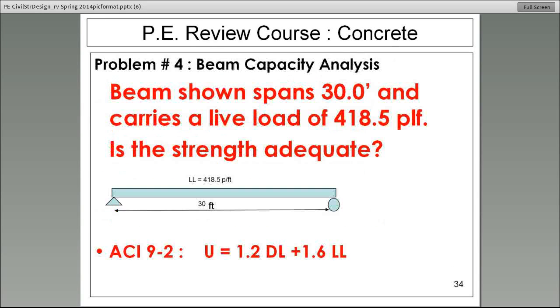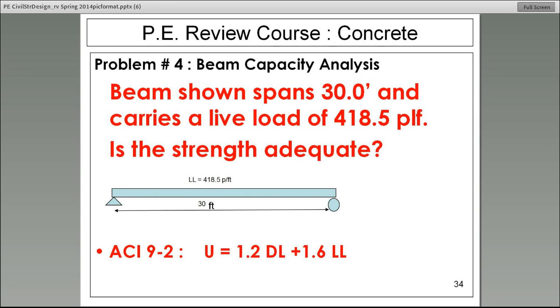We're going to skip this page. This is a problem. This is very important. It reviews some of the concepts that I presented to you, but also it introduces you to loads and codes. The concept of loads, definitely you need to be familiar with it if you take the structures exam in the afternoon.